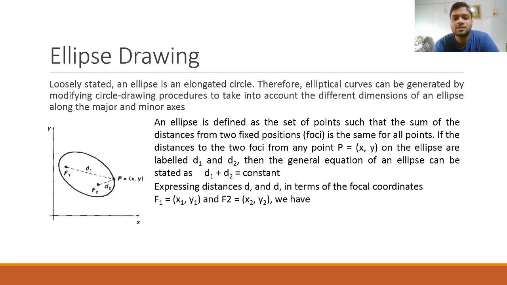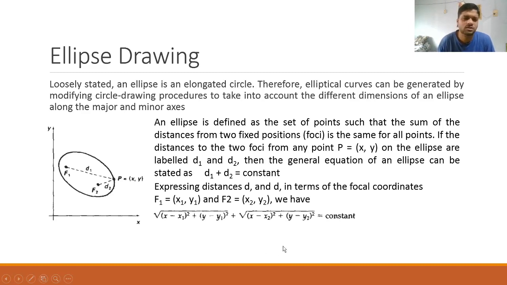Now expressing distances d1 and d2 in terms of focal coordinates, where F1 is (x1, y1) and F2 is (x2, y2), we get the square root of (x minus x1) whole square plus (y minus y1) whole square, plus the square root of (x minus x2) whole square plus (y minus y2) whole square, equal to a constant.